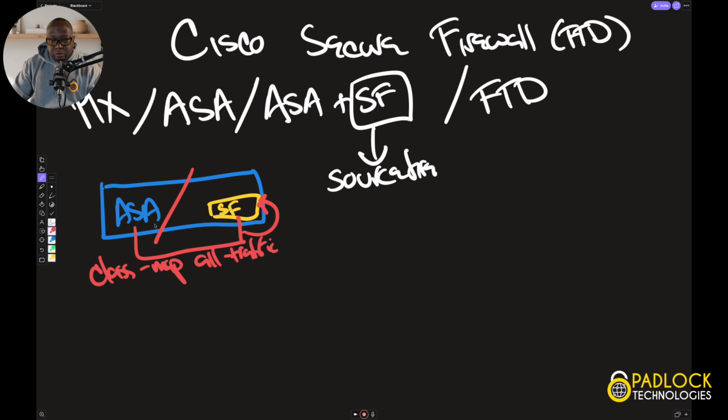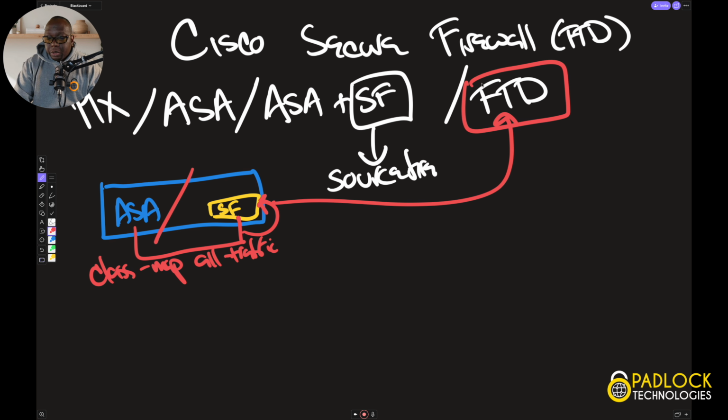I mean, it worked for what it was used for, but then Cisco got smart and actually created the FTD software, which combined these two elements. So it combined the ASA side, which they call the Lina, and the Sourcefire side, which is technically the SF engine or the inspection engine, into one platform.